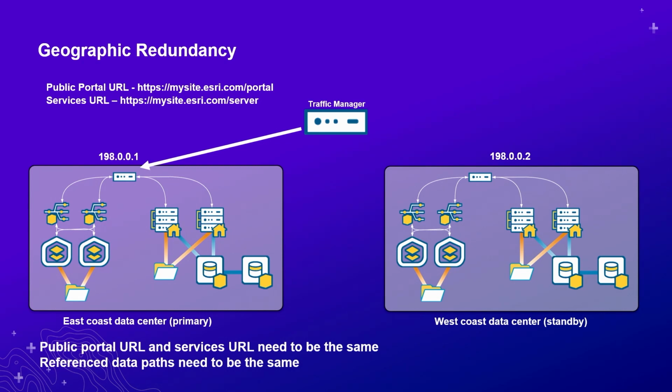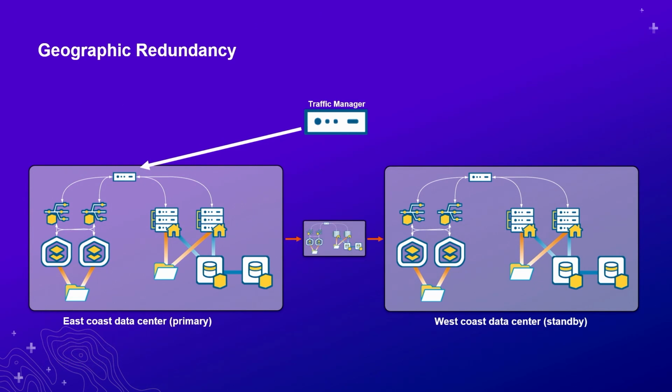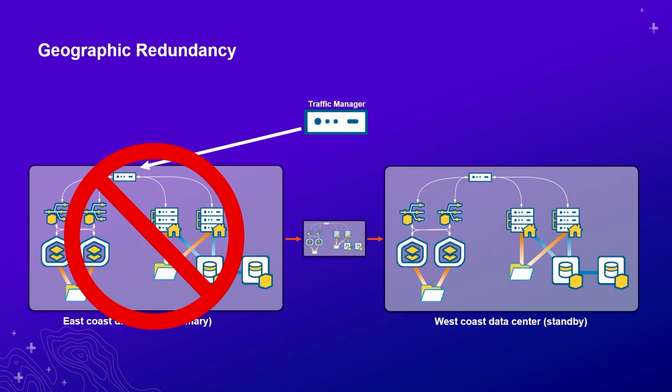And then I'm using the DR tool to replicate content from my East Coast data center, my primary, to my West Coast data center, or my standby. This is happening on a scheduled basis using a Windows Task Scheduler or a cron job on Linux. In the event that my primary data center goes down, the traffic manager can send traffic over to my standby data center.